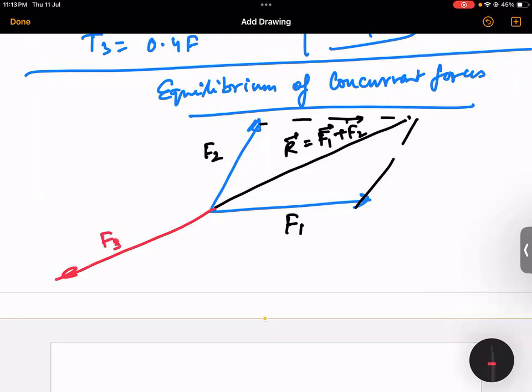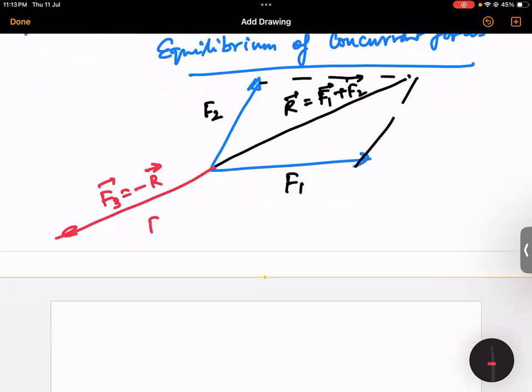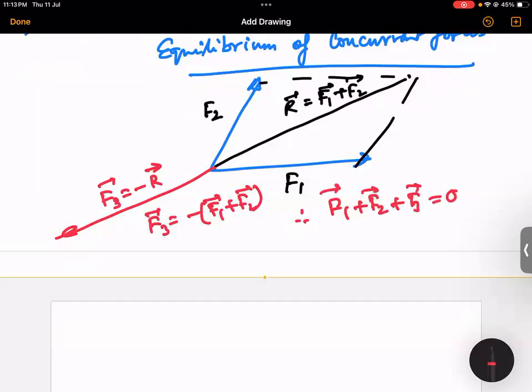Then you can say that F3 is equal to minus of R, that is, F3 is equal to minus of F1 plus F2. Therefore, F1 plus F2 plus F3 is equal to 0. So the sum of all the forces is equal to 0, which means the system is in equilibrium.